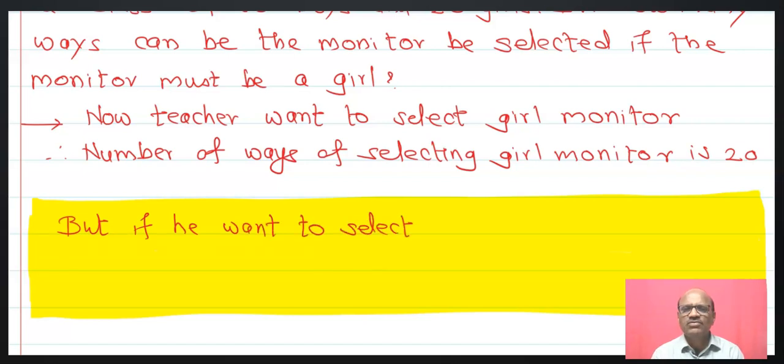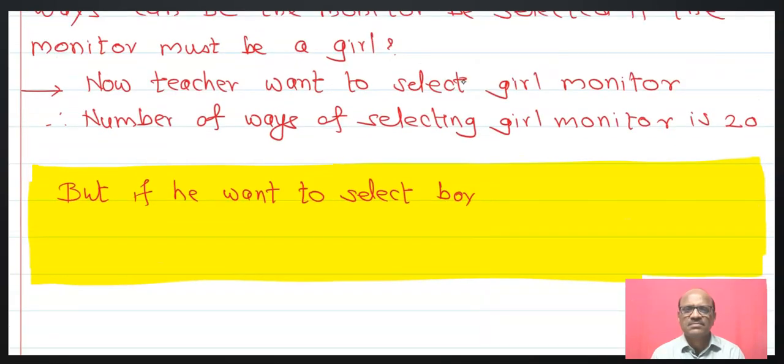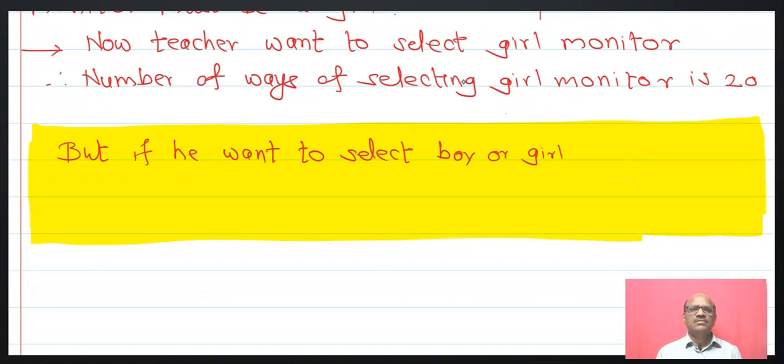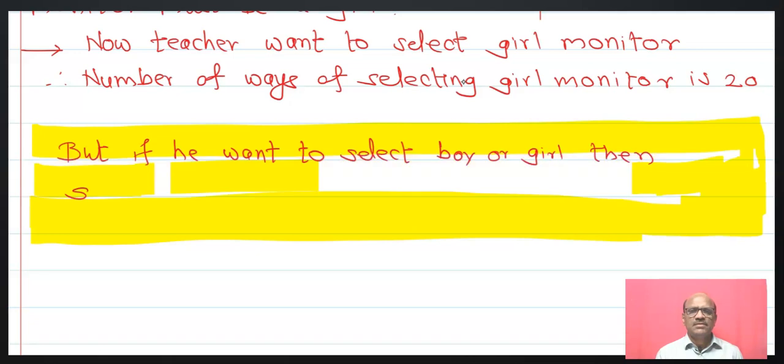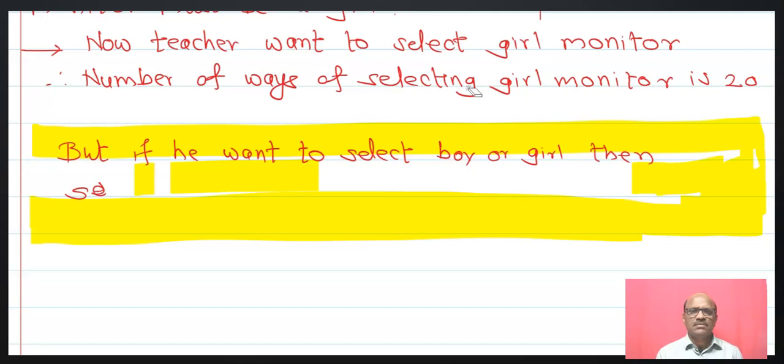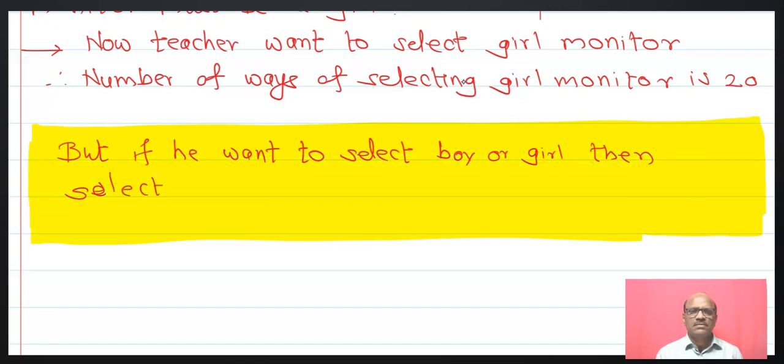If he wants to select a boy or girl, then the selection will be 30 plus 20, and that is equal to 50.